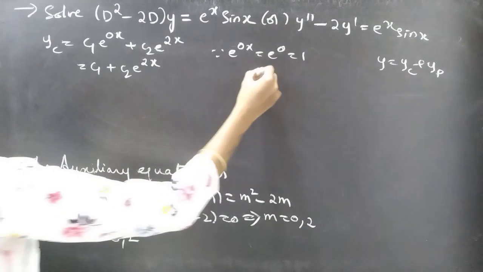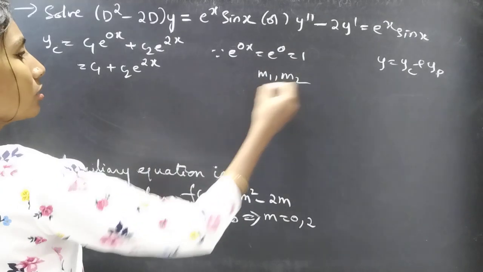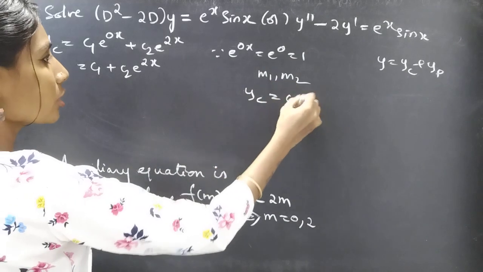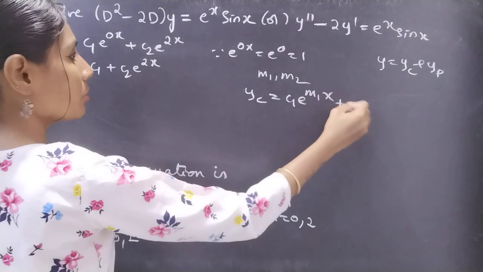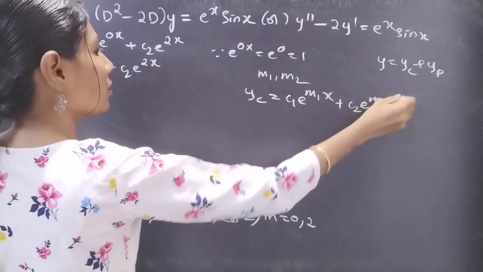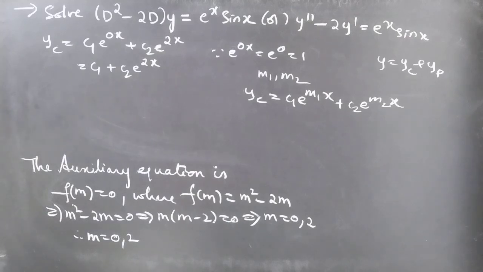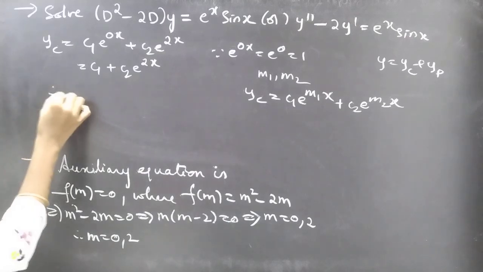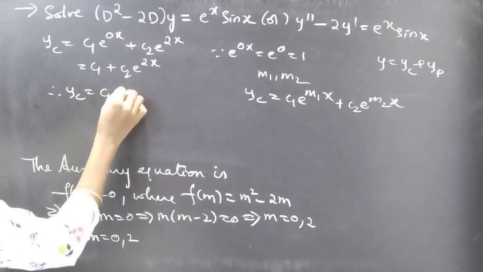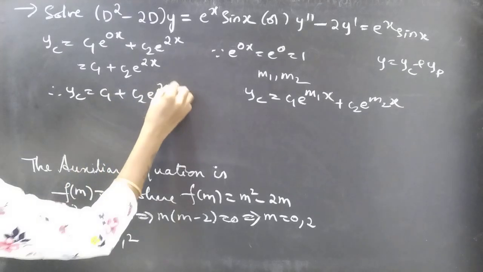And we know that when two roots, say m1 and m2, are real and distinct, then yc will be one constant into e^(first root x) plus another constant into e^(another root x). Using this, we wrote the complementary function to our problem. Therefore, yc = c1 + c2 e^(2x).